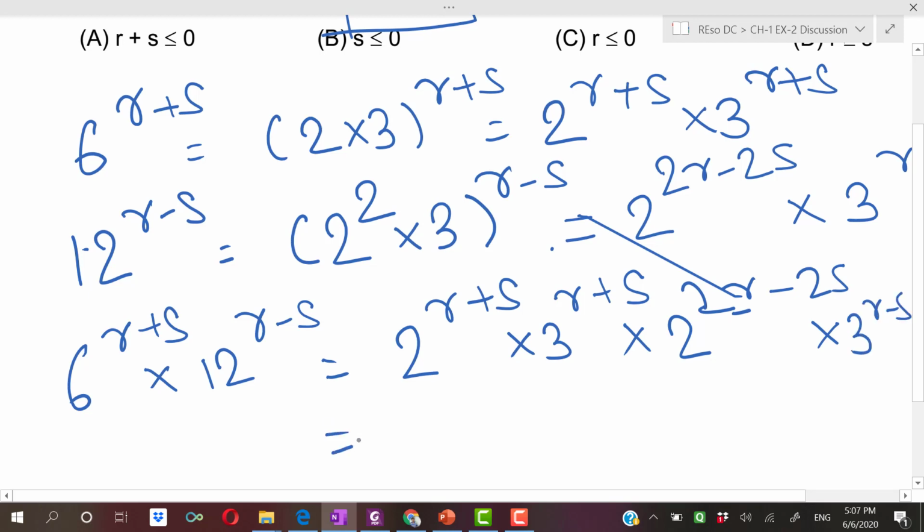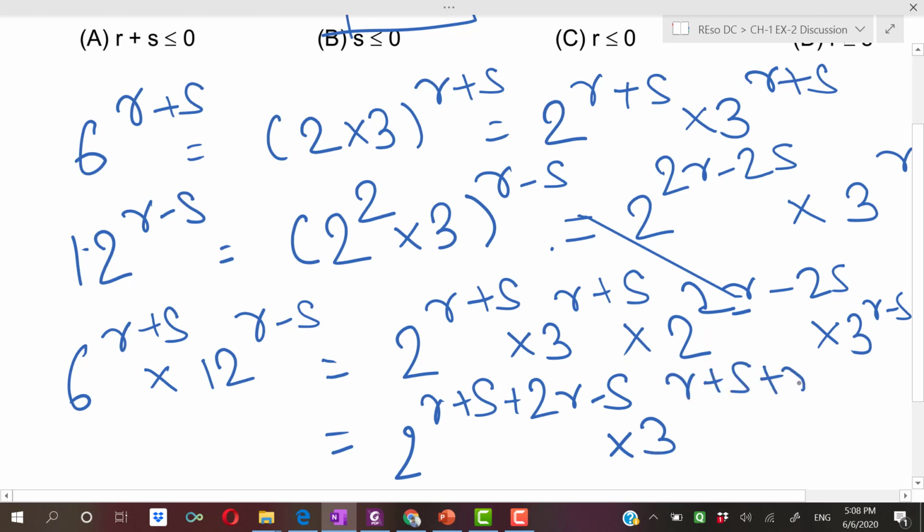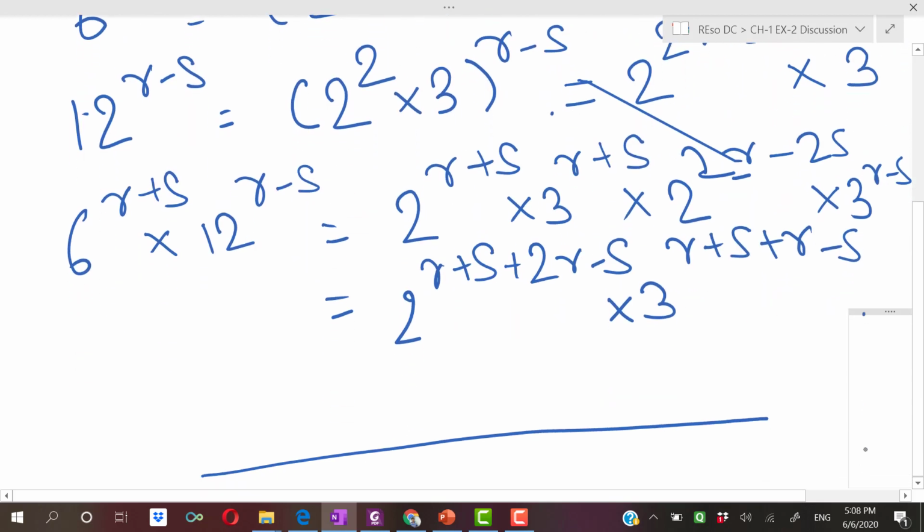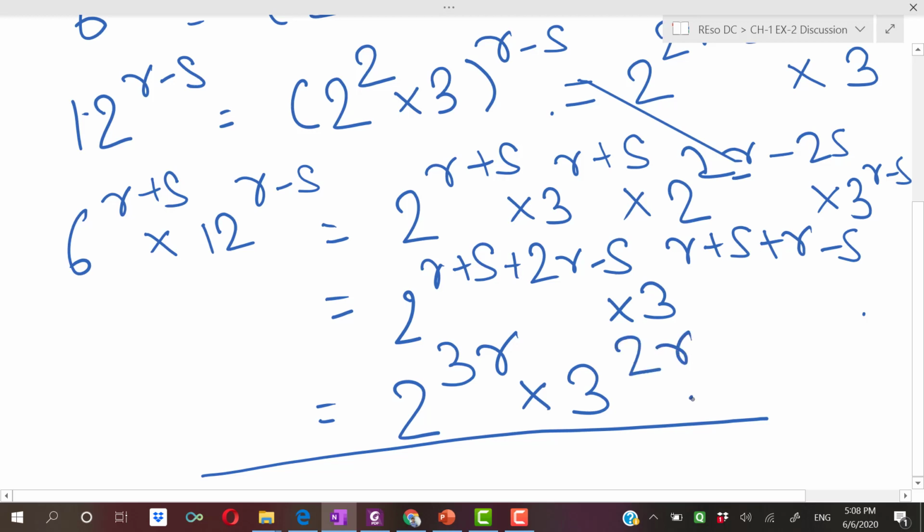Let us simplify a bit, so it will be 2 raised to the power r plus s plus 2r minus 2s multiplied by 3 raised to the power r plus s plus r minus s. So it simplifies to 2 raised to the power 3r multiplied by 3 raised to the power 2r. Okay, 2 raised to the power 3r into 3 raised to the power 2r.